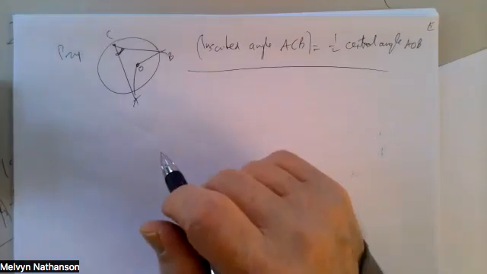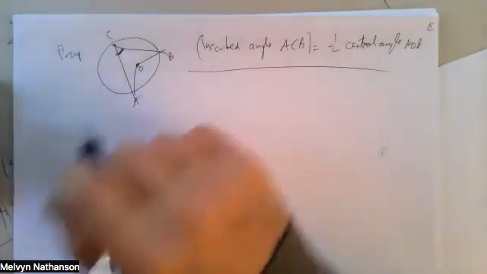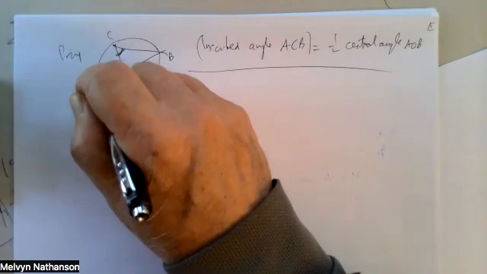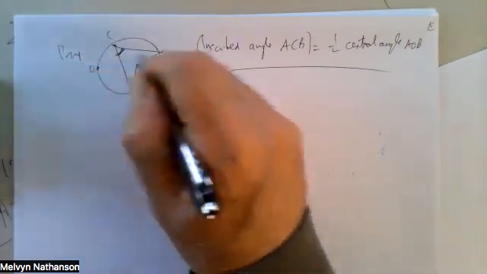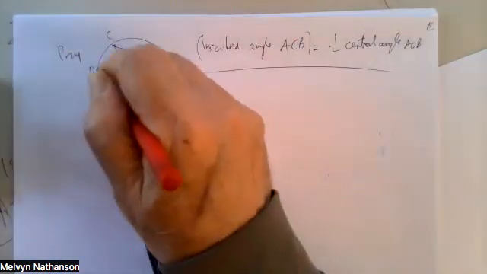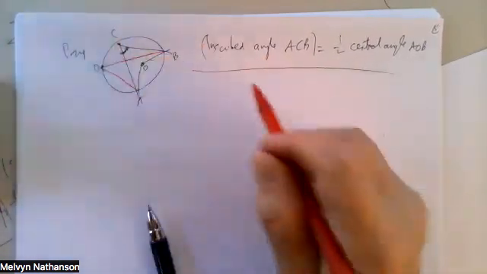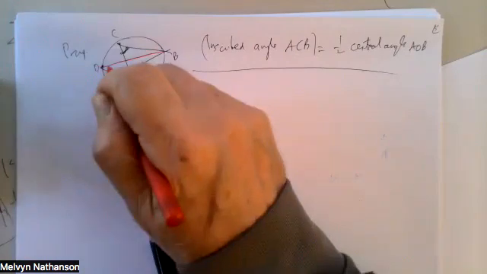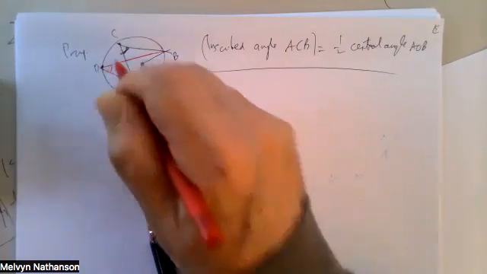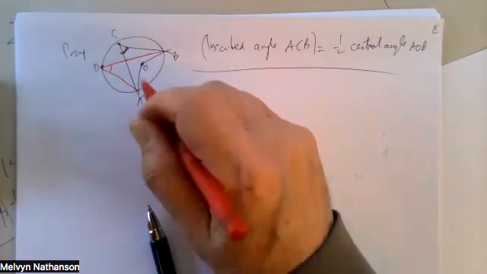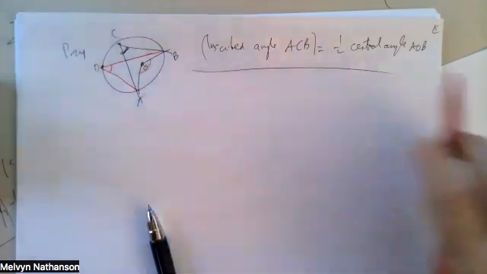And what is a corollary of this? If you take any other inscribed angle that cuts out the same arc, well, this inscribed angle will also be half of the central angle.